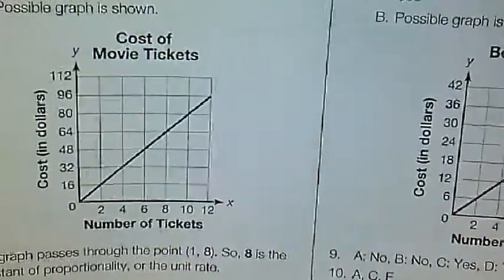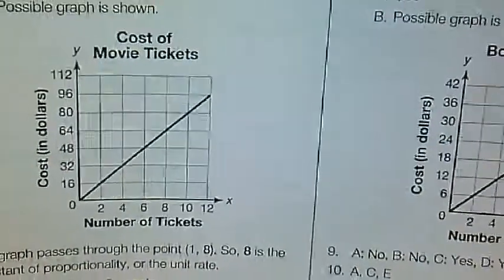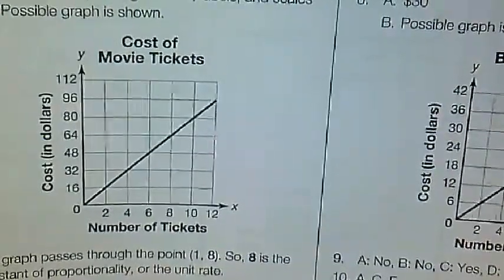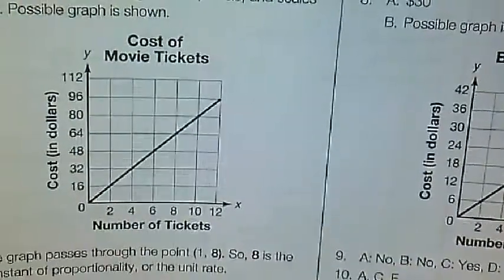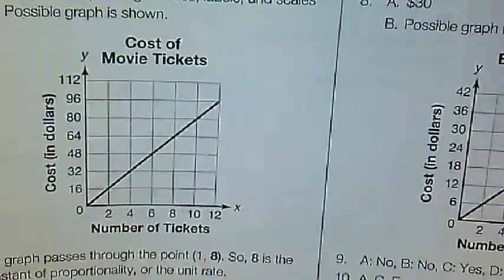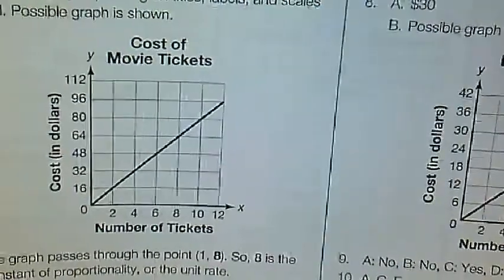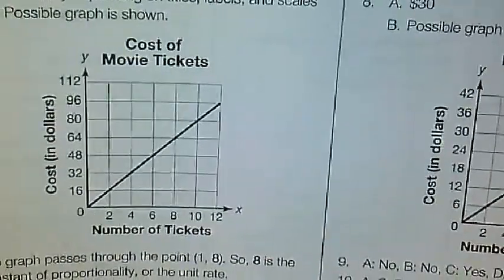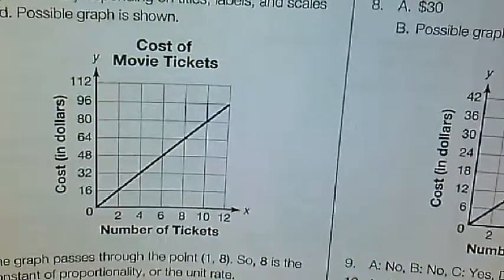So I'm going up by 2s for the number of tickets, and then I'm going up by 4s for the cost of the movie ticket. So you plot all of your points, and then you make your straight line. And again, you should always be numbering everything.